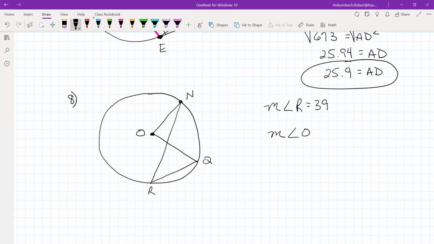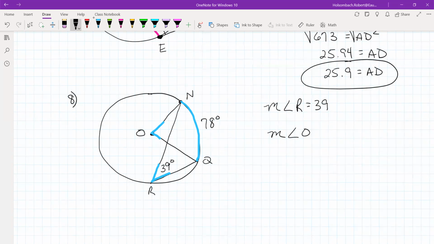All right, so what we've got here is this angle R that intercepts arc NQ, and angle O that intercepts the same arc. So if R is 39, then NQ is twice as big as 39. So 39 times 2 is 78.